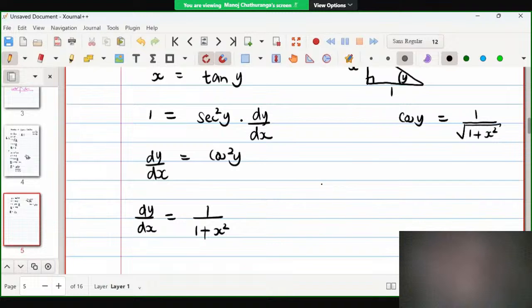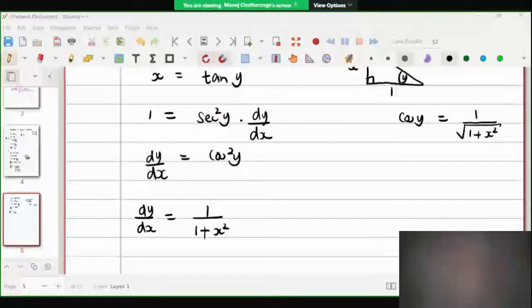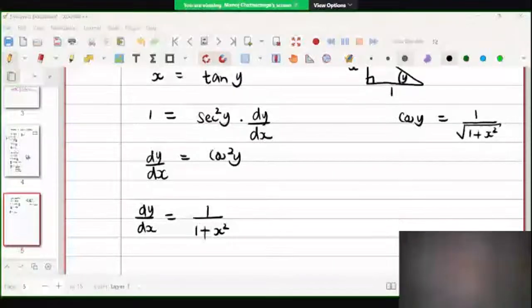I'm not going to spend much time on this topic. Chain rule, computing derivatives of these functions.